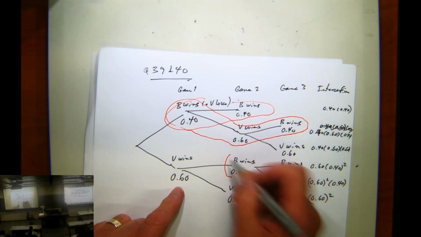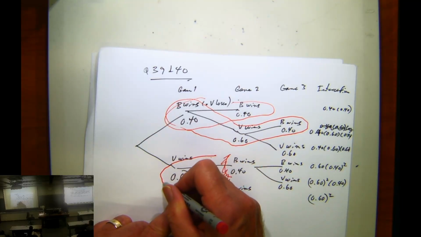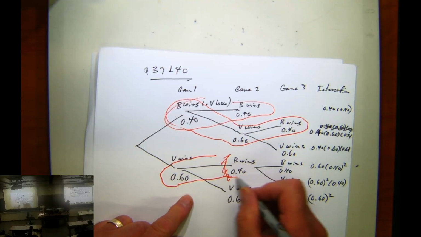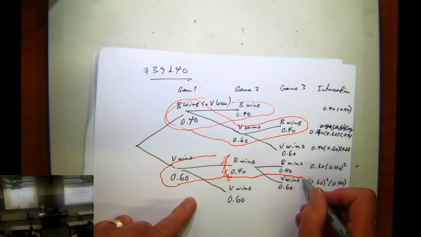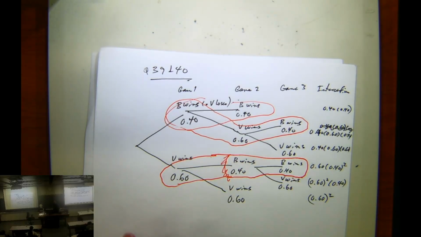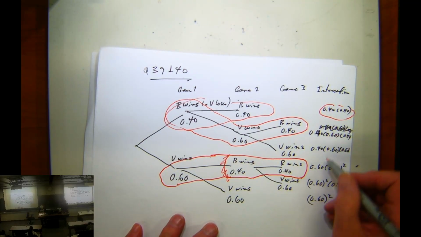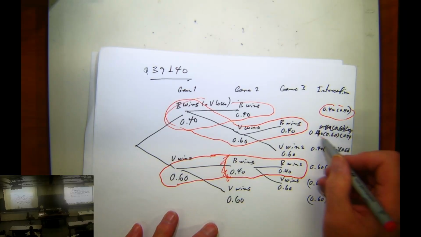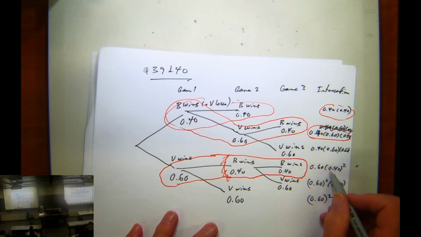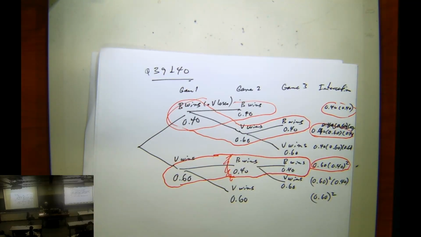Oops, don't circle there. We got to account for the fact that Veronica wins the first one. So good thing you weren't using scissors. Yeah, that's for sure. So what we've got there is we are going to add up this and this and this. And there's your solution.